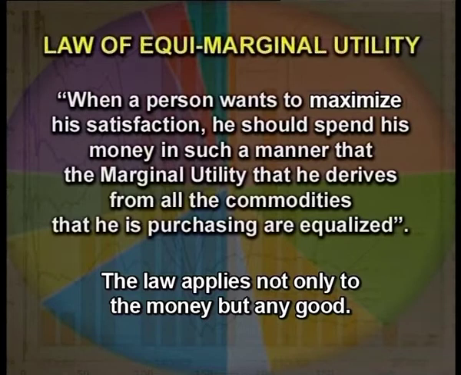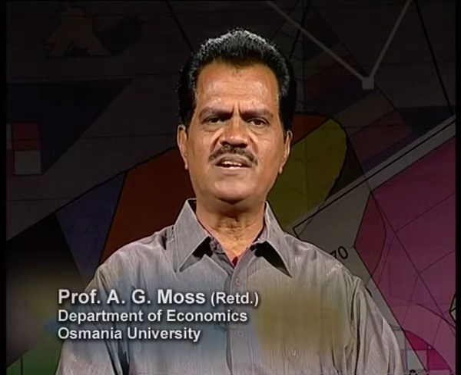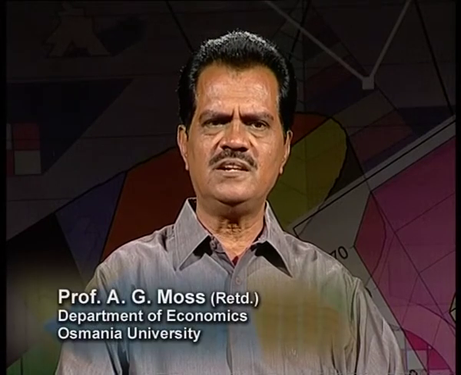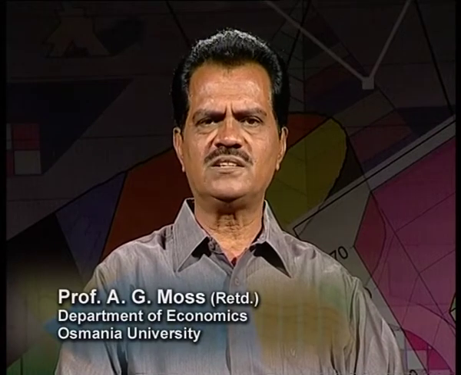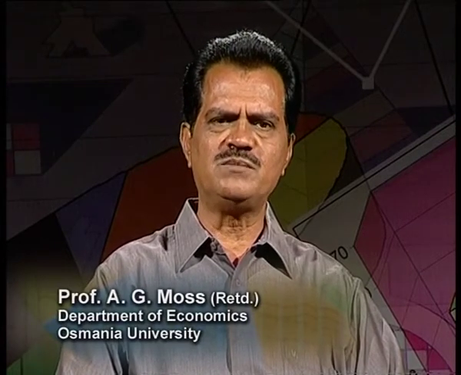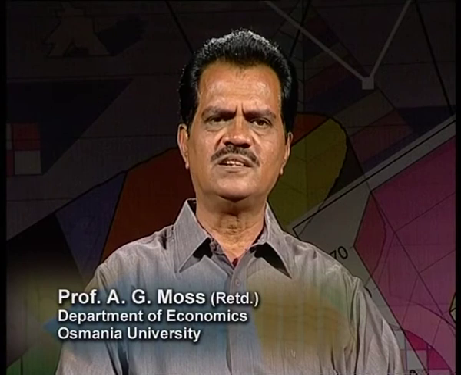Suppose a person has some good which can be used for multiple purposes, then how does he distribute that good among those multiple purposes such that his total satisfaction or total utility is maximized? This applies to anything, any commodity which has multiple uses.